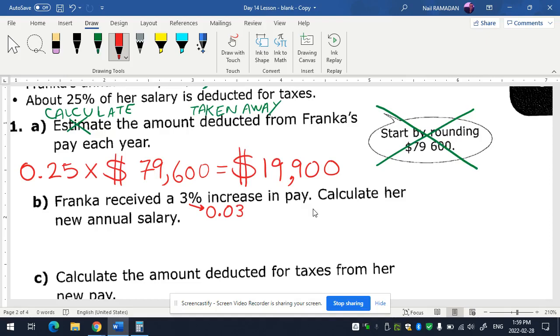So raise amount equals 0.03 times 79,600. Okay, let's see how much that is.